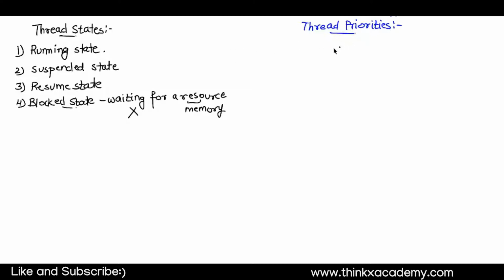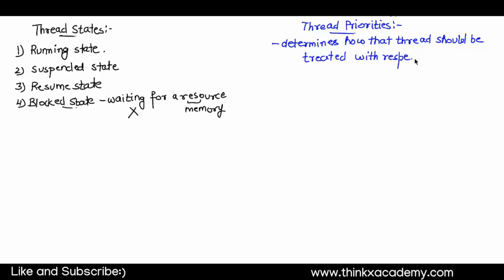So what is a thread priority? Java assigns thread priority, which basically determines how that thread should be treated with respect to others. For example, in our daily lives, we use the word priority.